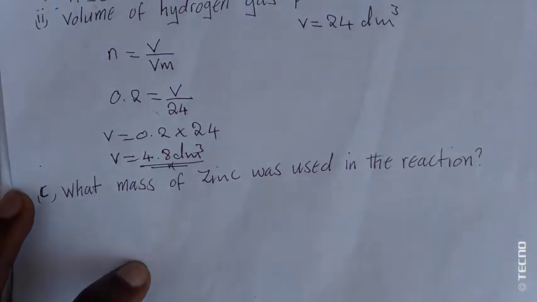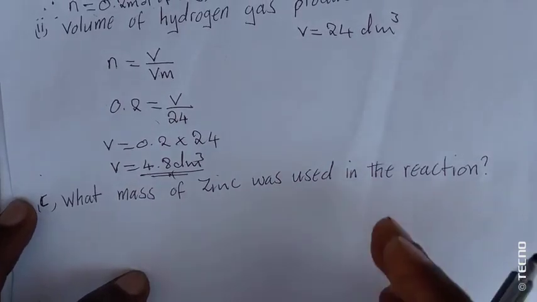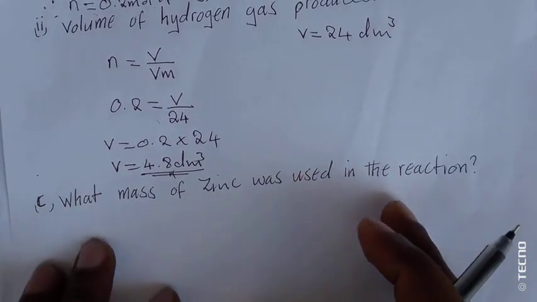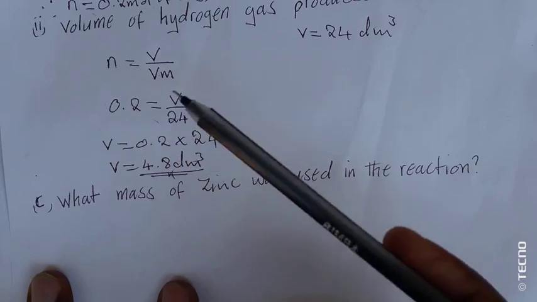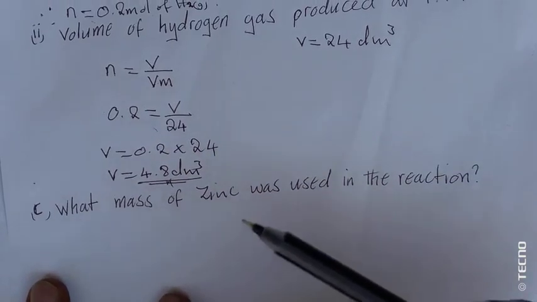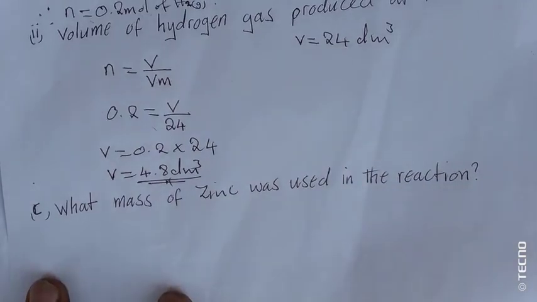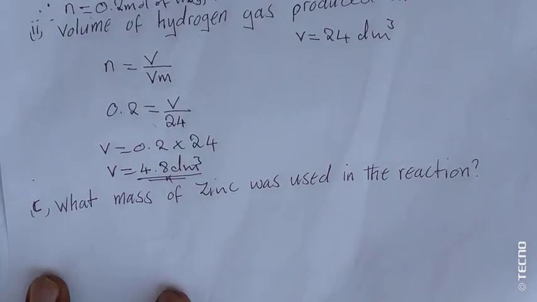So we just want to find the mass of zinc that was used in this reaction. To find the mass of zinc, since we know the moles of hydrochloric acid, this mole of hydrochloric acid will give us the mole of zinc that was used.